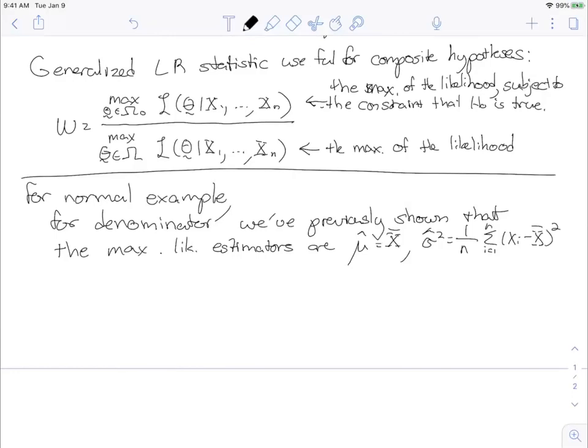All right, and so that tells us the values for mu and sigma squared to plug into the likelihood function to find the denominator for calculating W, which we'll do in a second.